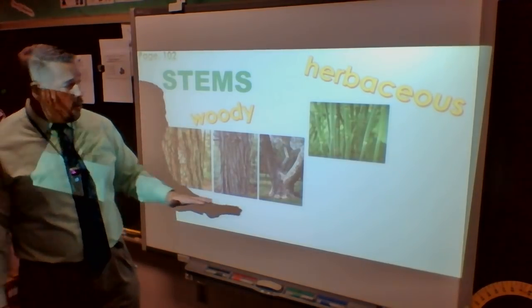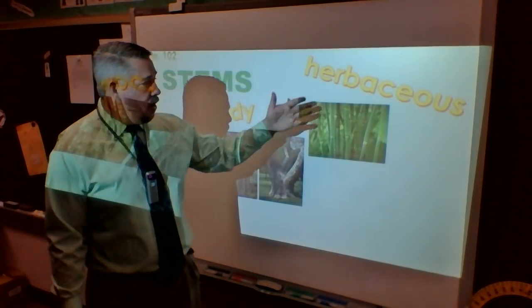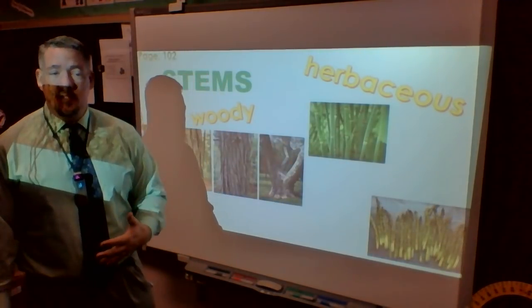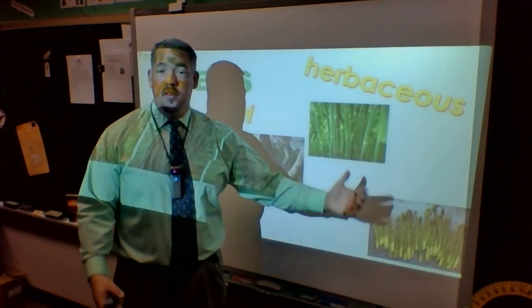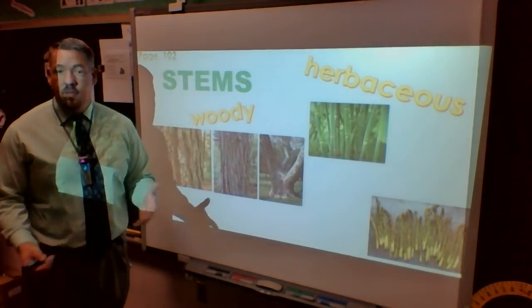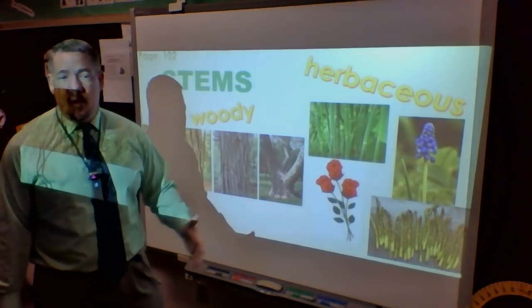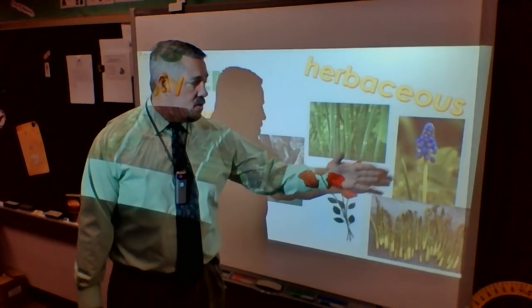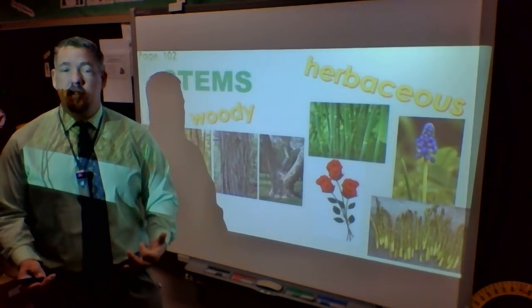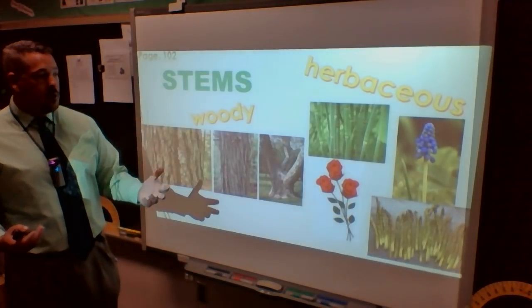When I talk about different types of plants that have long stems, they're going to be a herbaceous stem. That's asparagus, and we eat the tops and the stems of asparagus as a vegetable. But we also have different types of flowers that we could talk about, and their stems are herbaceous as well. They don't create this wood substance that we would consider wood.